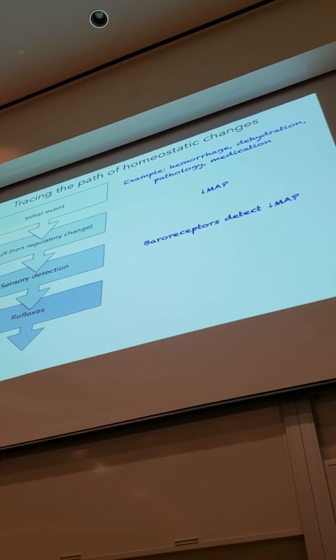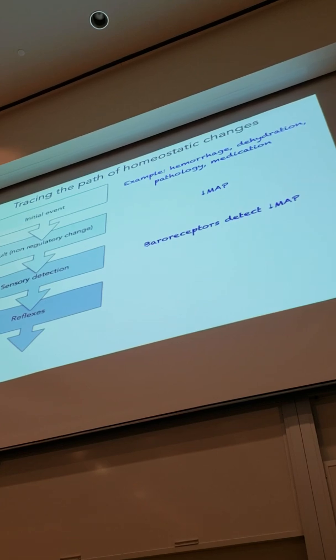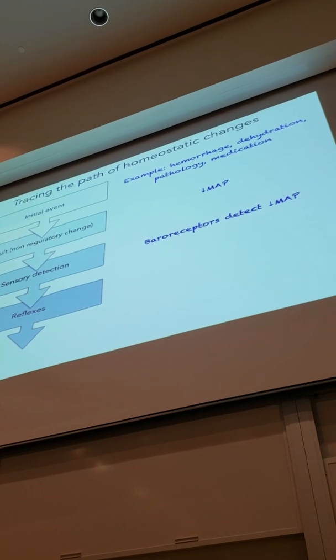We'll mention it, but we'll save it until we get to the urinary system, because we need to know how the kidneys work to really appreciate what's happening. So we can have reflexes that are neurological, or endocrine reflexes. These are things that respond to the stimulus, the sensory detection that has occurred. And here's some examples of that.